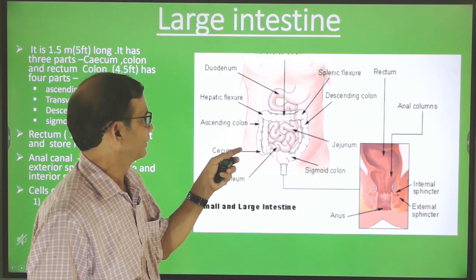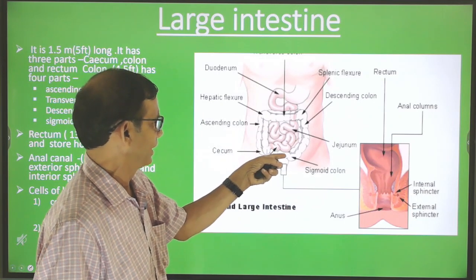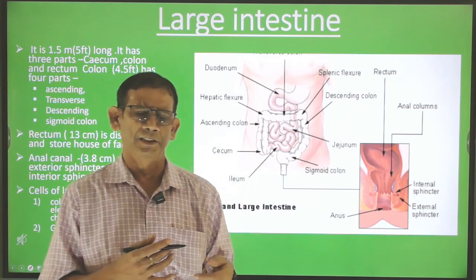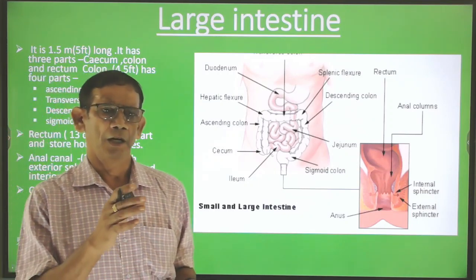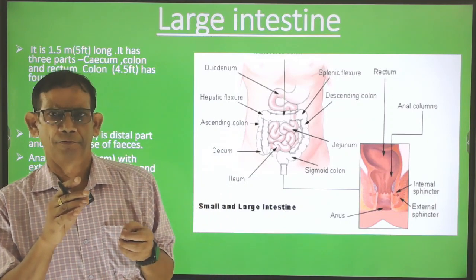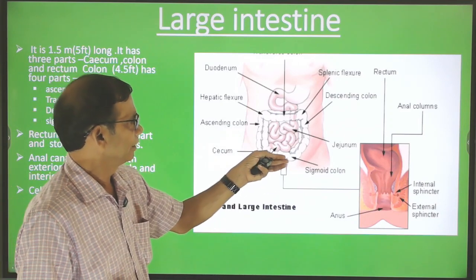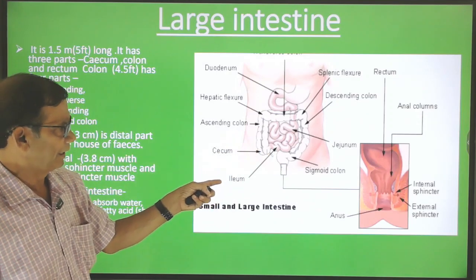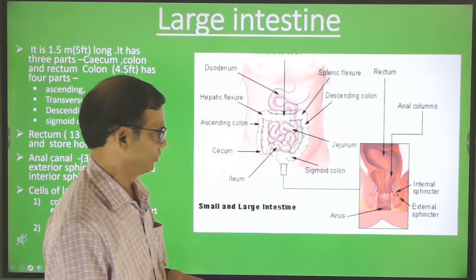In the case of the small intestine, the wall is thinner, whereas in the case of the large intestine, the wall is thicker. At the joining between the small intestine and large intestine, there is a sphincter or valve called the ileocecal sphincter, through which, after complete absorption and digestion, the fecal matter enters into the cecum, then the colon, and lastly the rectum, and passes through the anus.